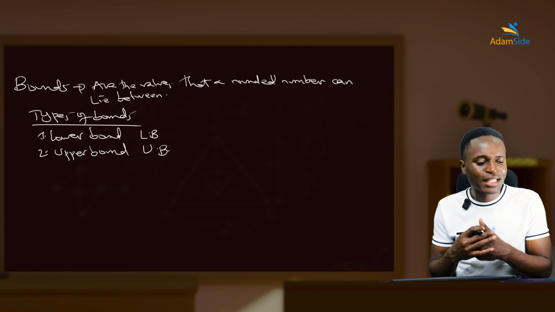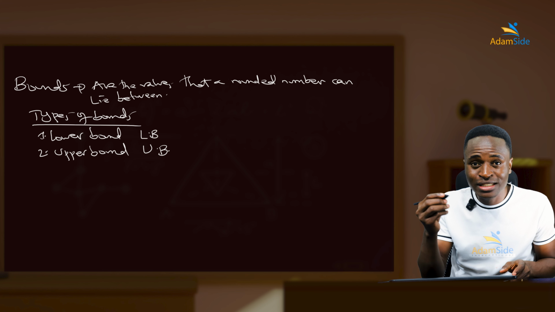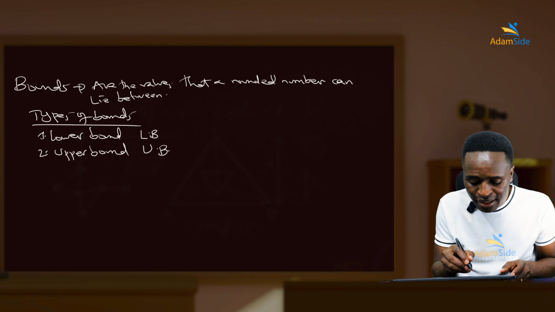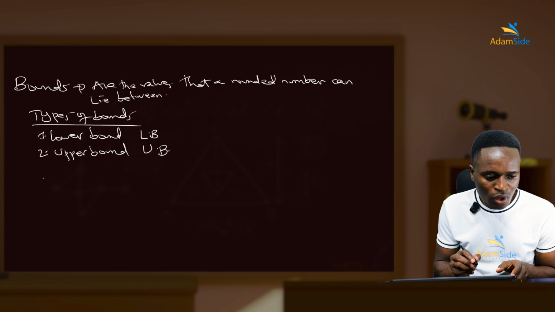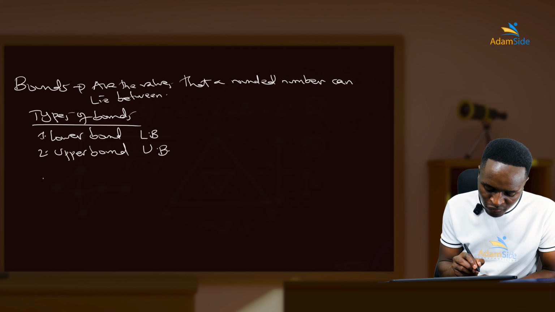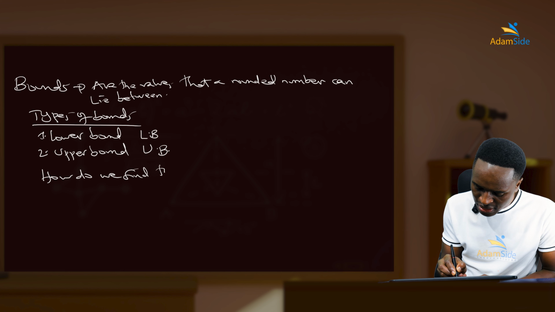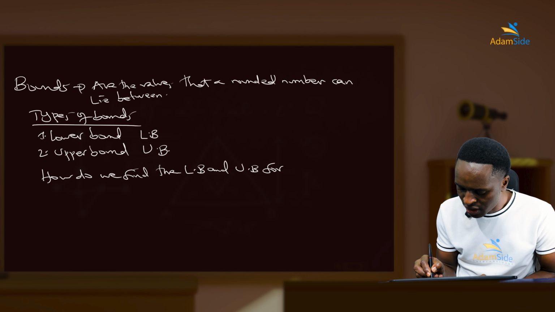How do we find the upper and lower bound for a rounded number? This is the secret. We did it in the previous class, and we're going back. LB stands for lower bound and UB stands for upper bound.